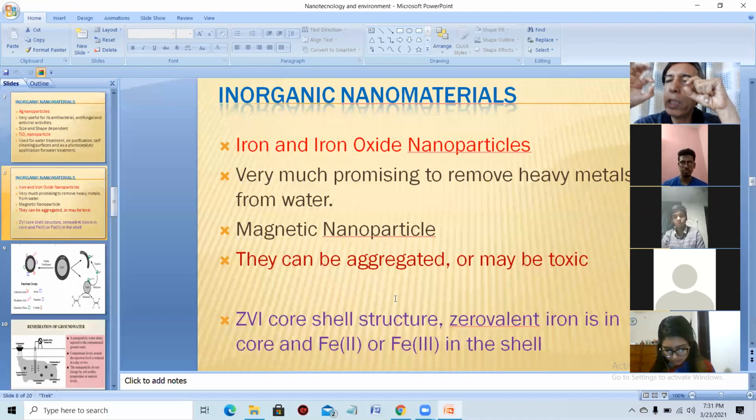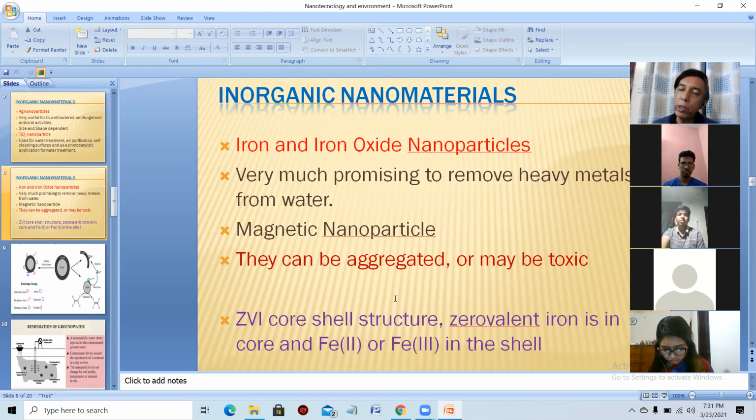Our intention is to separate these nanomaterials, but if they aggregate and attach to each other, then they will not be nanomaterial. If they attach to each other, it will be a macromolecule. So iron or iron oxide nanoparticles have a good tendency for aggregation.